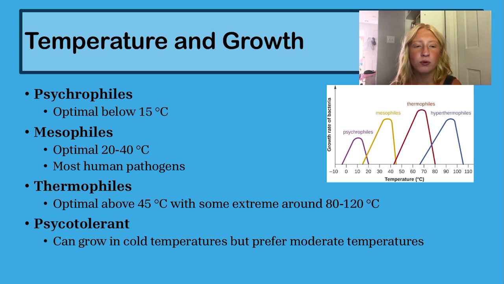They thrive in refrigerated temperatures, and they play a role in food safety because they can survive in those environments. Then we have mesophiles. These are the most relevant group because they survive in the same temperatures that we humans survive in. And then lastly we have thermophiles. These survive in hot temperatures like hot springs or volcanoes.